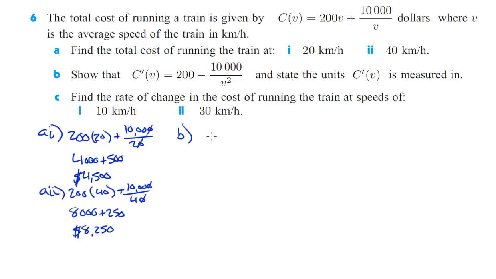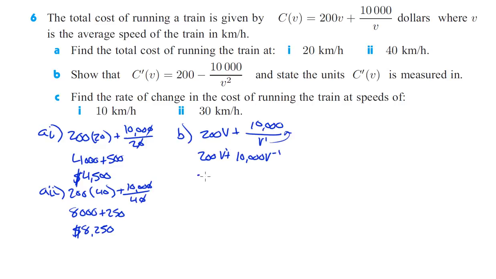So let's just write it down here, 200v plus 10,000 over v, right? So that's 200v. We got to move this v up to the top, so plus 10,000 v to the negative first. Now we can take the derivative, right?